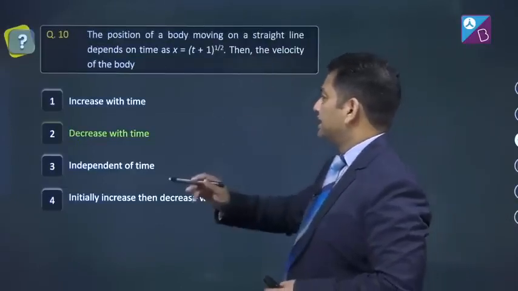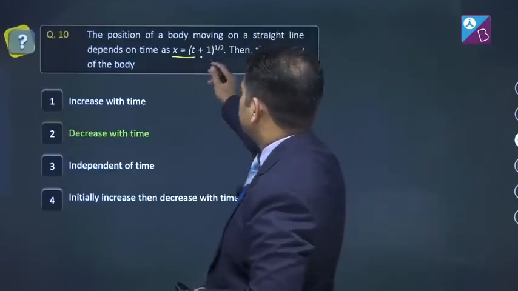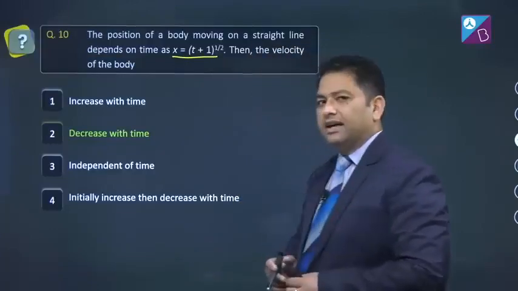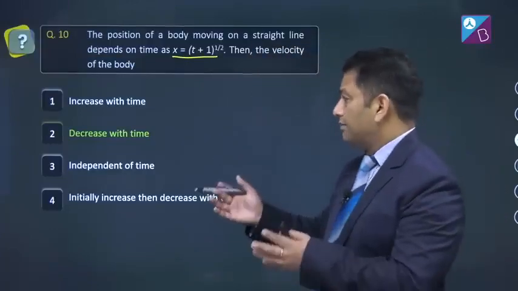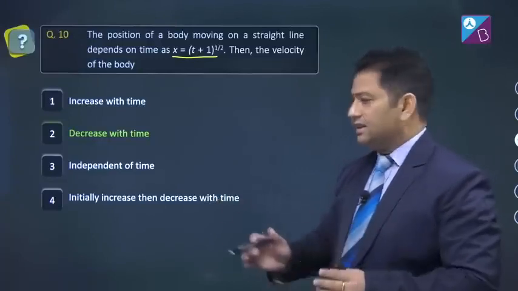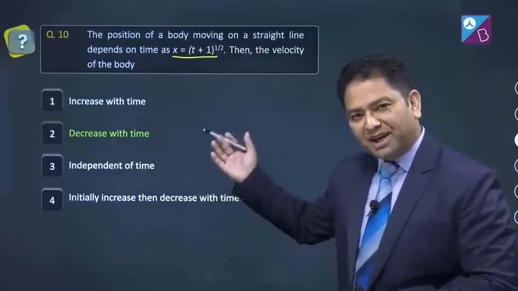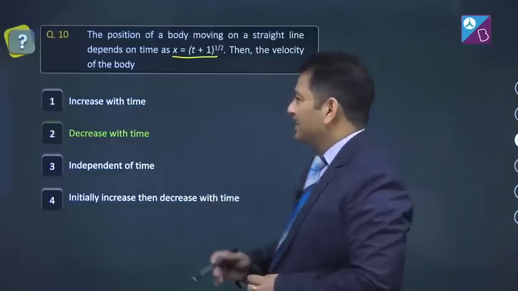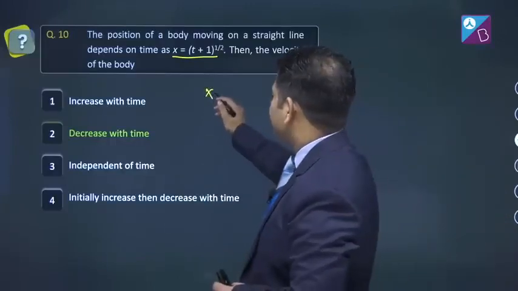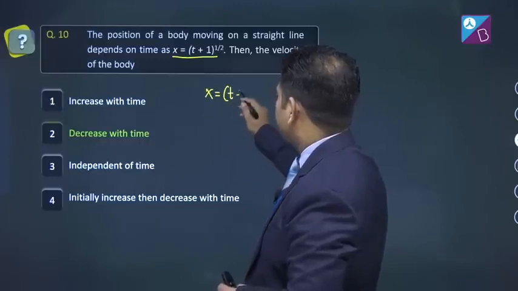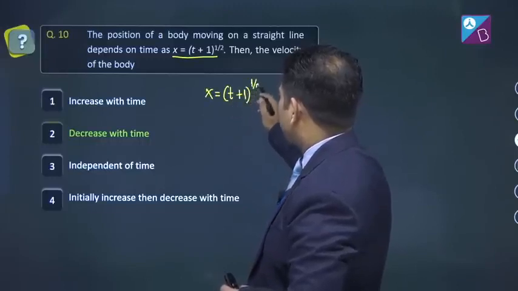Position की value दी गई है and look at the dependence. हमें calculate करना है या हमें comment करना है about velocity. Whether the velocity increases, decreases, and so on. Correct option तो आपके सामने है ही, right? Now let's say x is equal to (t plus 1) raised to the power half.